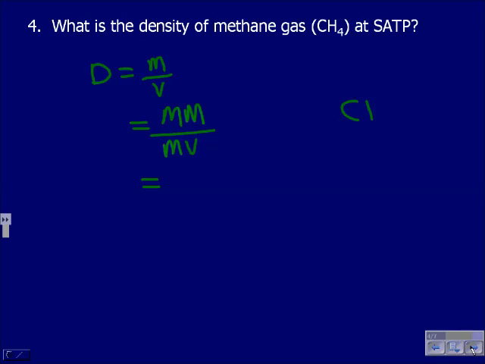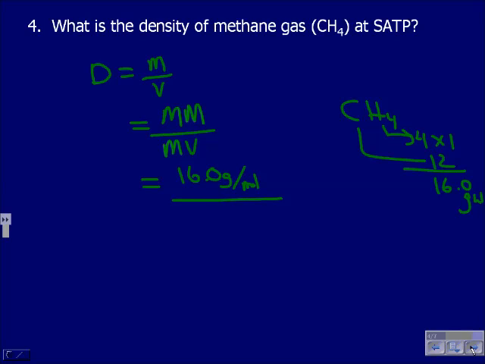Molar mass of CH4. 4 times 1 is 4. 12. What is that? 16 grams per mole. 16.0 grams per mole divided by, and this is SATP, 24.8, and this is liters per mole.